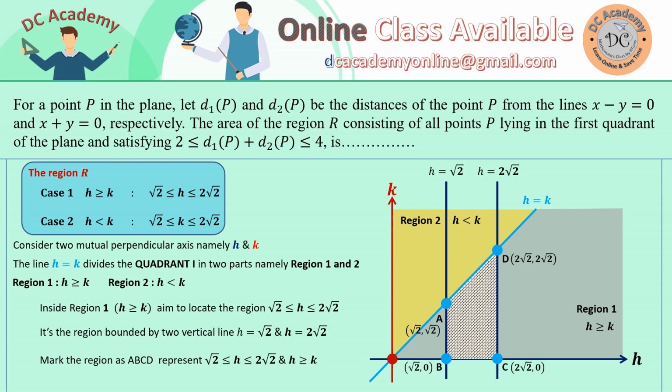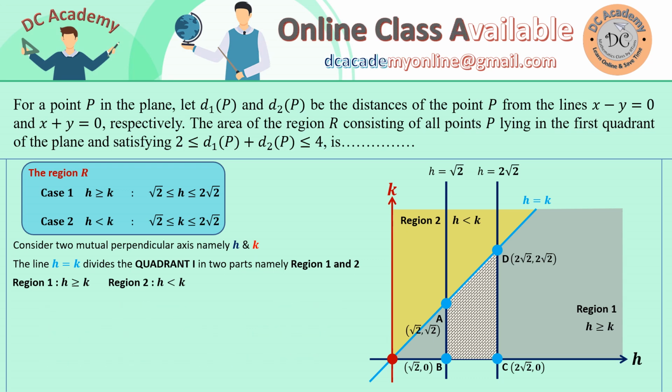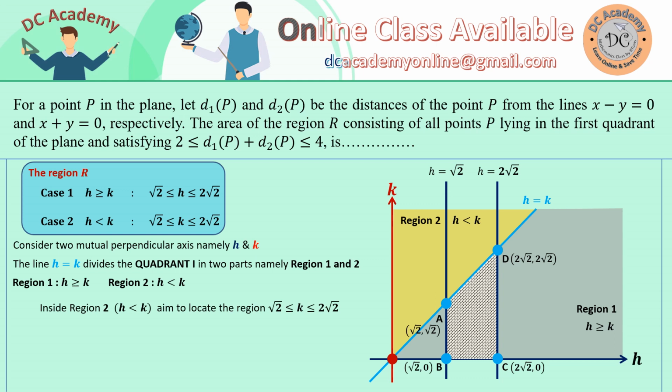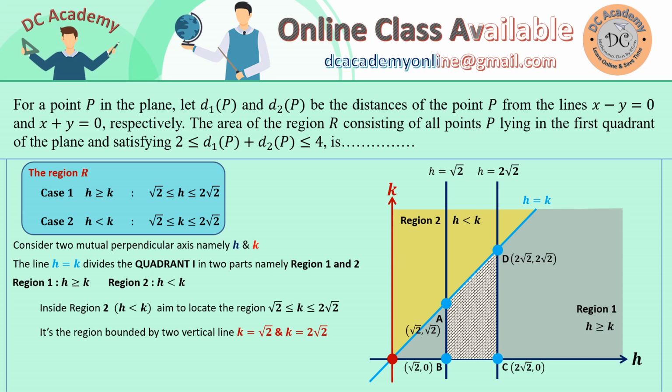Now we have to locate or mark region 2, where h is less than or equal to k. In region 2, k lies between root 2 and 2 root 2. These are horizontal lines, k equal to root 2 and k equal to 2 root 2, and obviously these lines pass through the points A and D. So we draw that region.